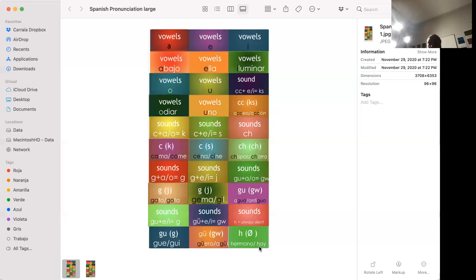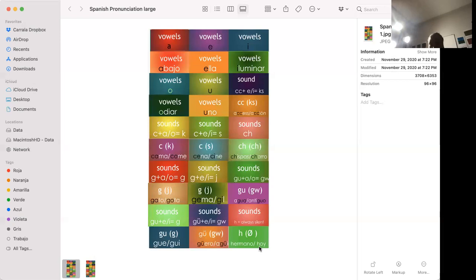So the vowels are A, E, I, O, U. But the vowels A, E, and U have more than one sound. But there's a rule to it. And since you know there's a rule, that's not a problem. The problem comes in when there is no rule.